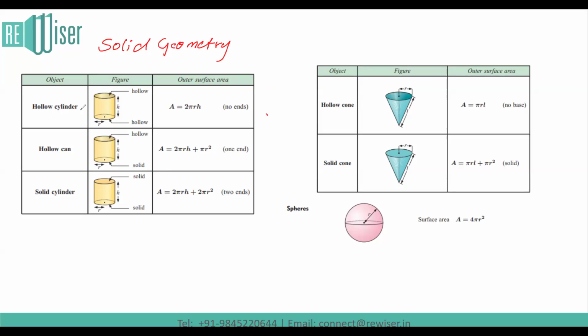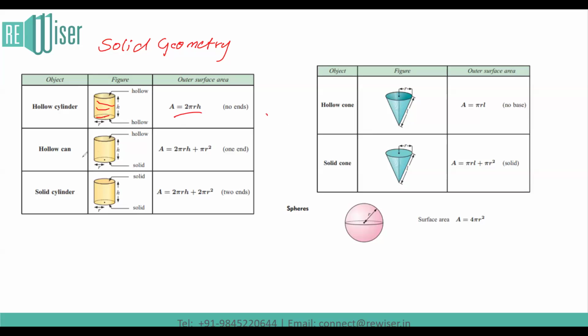First, the hollow cylinder. Hollow cylinder means both the top and the bottom are open. The curved surface area, only the curved surface, is going to be 2 pi r h. That's the formula to calculate the area.